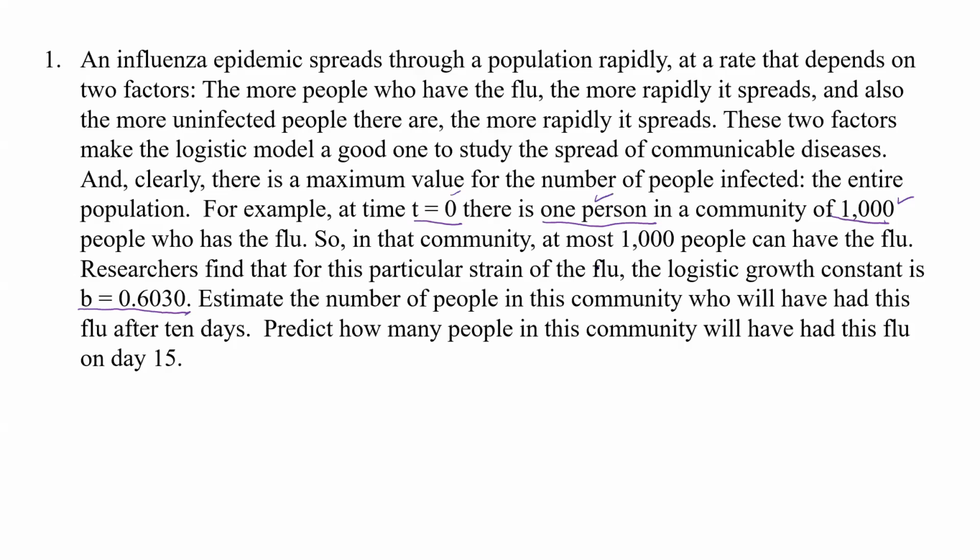If you remember, the C over 1 plus A was your initial value. So we know the carrying capacity, which is C. We know the initial value, and so we can find A. So that was going to be 1,000 over 1 plus A is equal to 1.